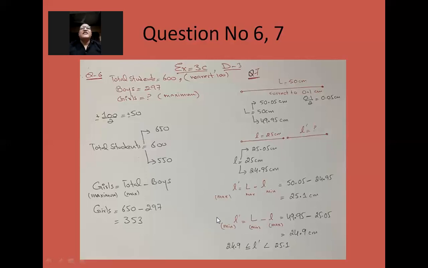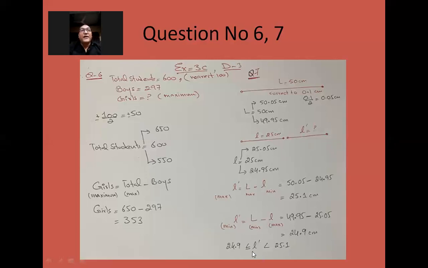So now the length remaining, its upper bound will be 25.1 centimeter, and its lower bound is 24.9 centimeter. So this can be written in the form of an inequality. You can see here I have written it.